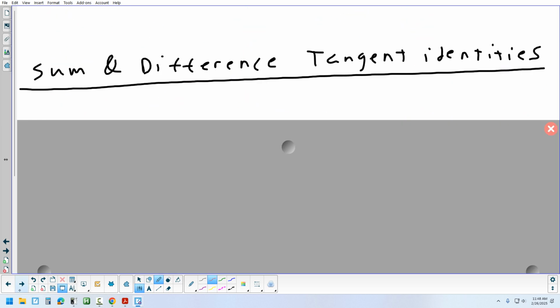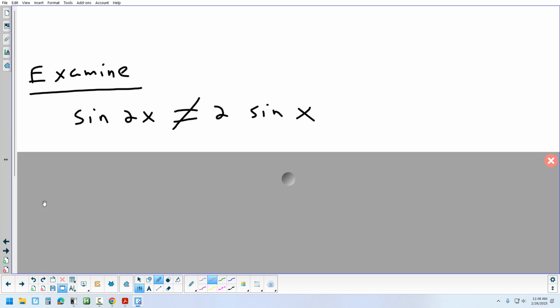Okay. Let's look at that. I want to think of that just in terms of transformations. When you put a 2 inside the argument, what kind of transformation is that? Specifically in this one, it would be a horizontal compression by a factor of 2.